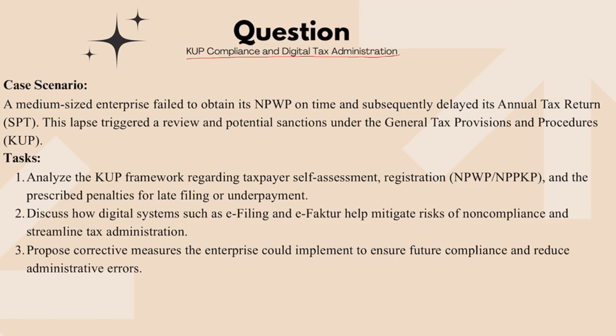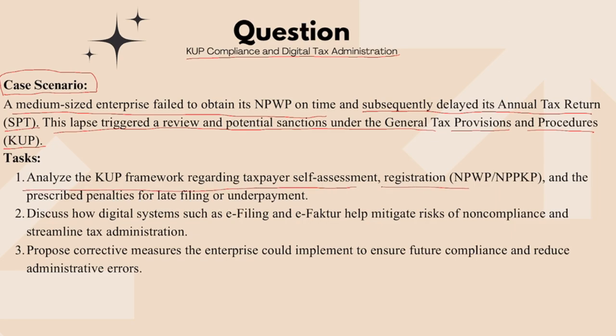The case scenario is a medium-sized enterprise that failed to obtain its NPWP on time and subsequently delayed its annual tax return, or SPT. This triggered a review and potential sanction under the General Tax Provisions and Procedures. The tasks are: number one, analyze the KUP framework regarding taxpayer self-assessment, NPWP registration, and the prescribed penalties for late filing or underpayment.